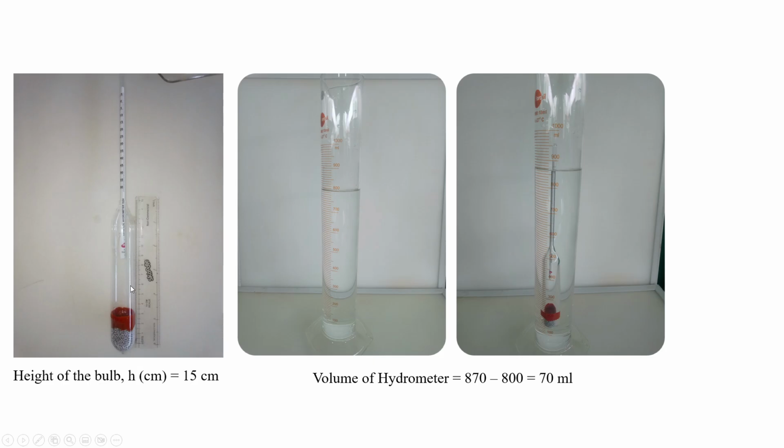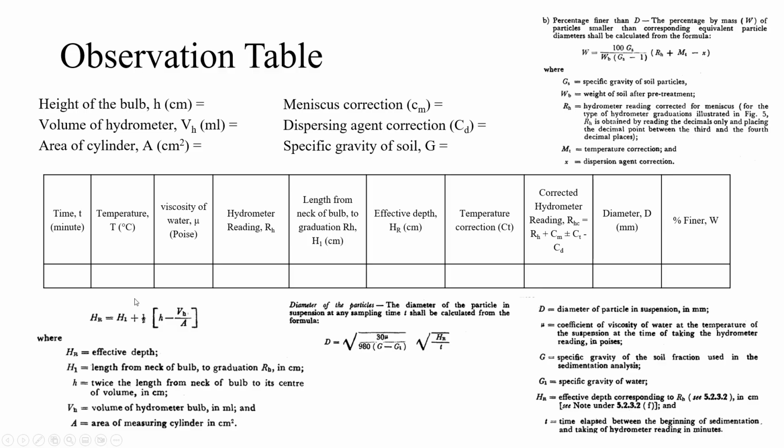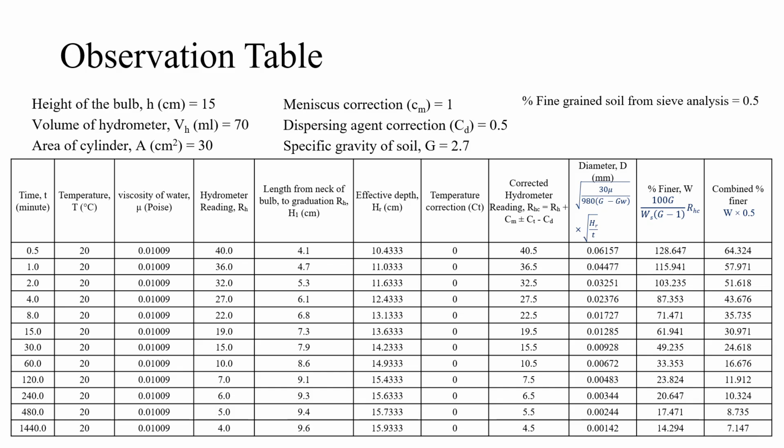Here it is 15 centimeter, the height of the bulb. Capital VH is the volume of the hydrometer which we have calculated earlier, and A is the cross sectional area of the jar. Here the volume of the hydrometer came 70 as we calculated in the previous slide, and the area of the cylinder is 30. So by applying those values in the formula, we can calculate this effective depth HR.